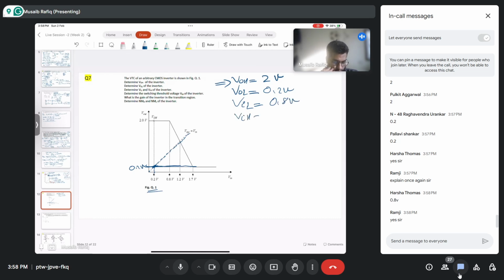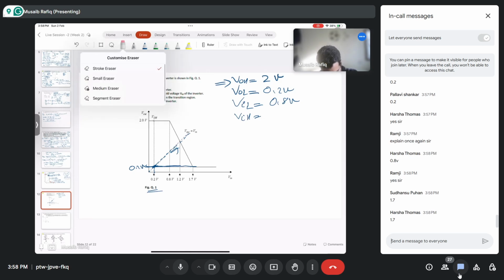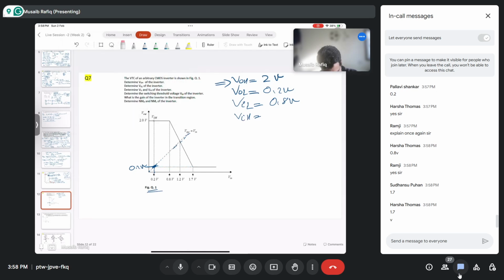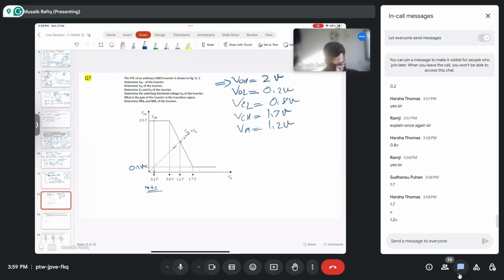What is VIH equal to? VIH is equal to 1.7 volts. So this was VIH and VOL, and what is the switching threshold equal to? 1.2 volts.